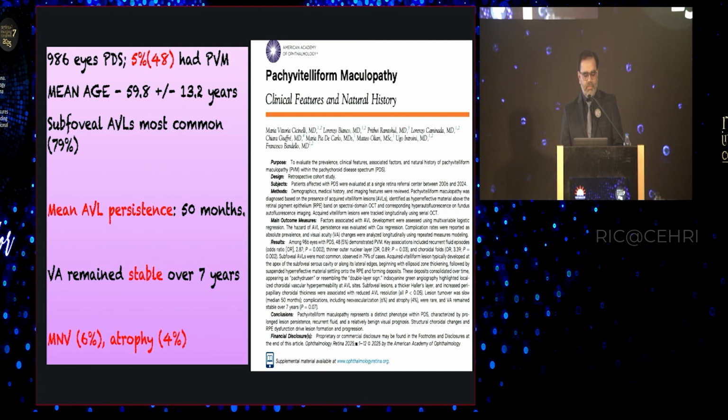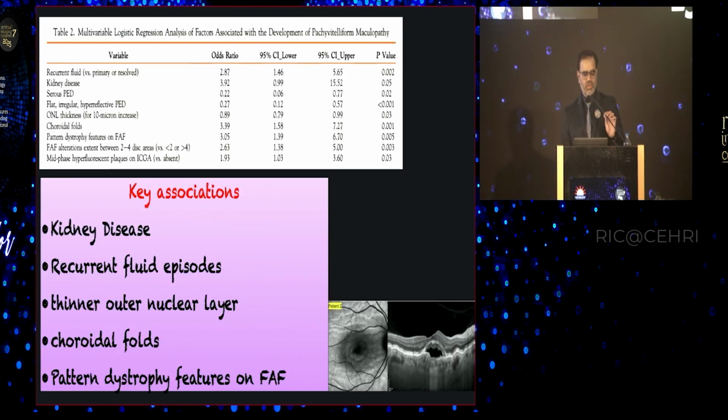The AVL was mostly present in the subfoveal space, and these patients had persistence of AVL over almost 50 months, and in this study the vision remained stable over the years. As compared to the previous study, the atrophy was only 4%.